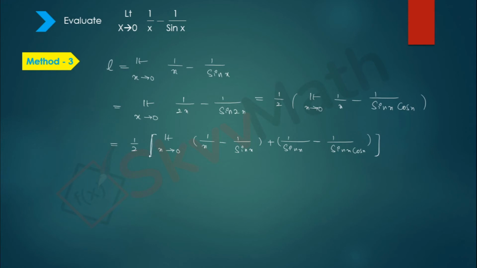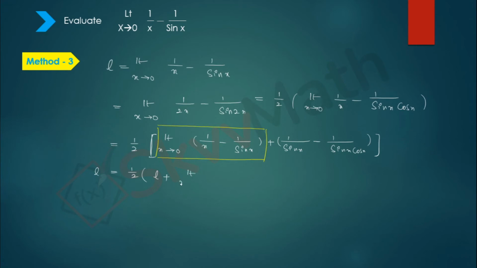So this is what we have. Now from this, half of, can you tell me what is this? This is the given limit. So that given limit I can write as L again, so L is equal to half of L plus. Now this, I will find the limit separately.